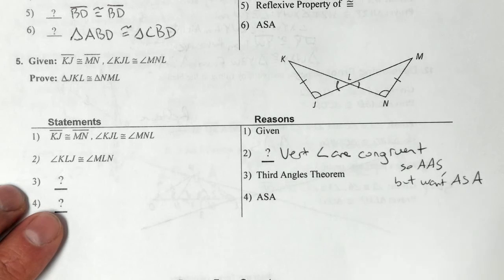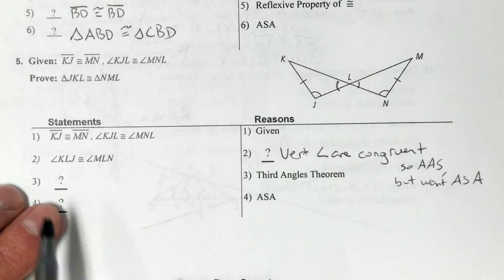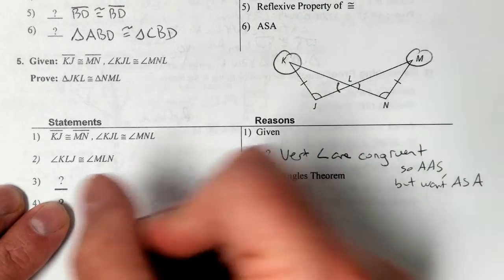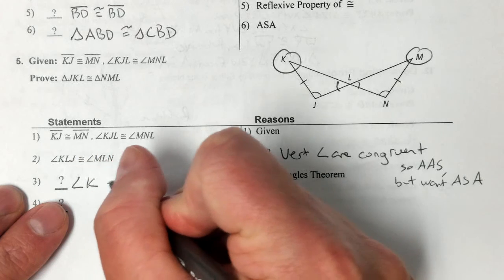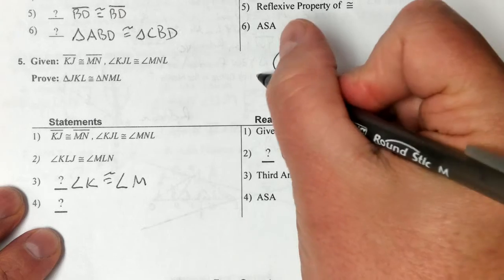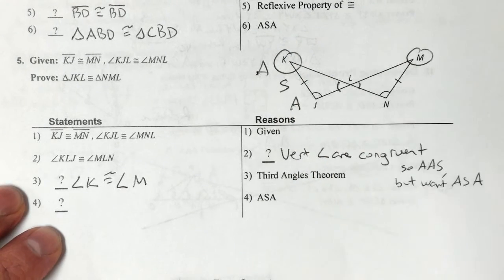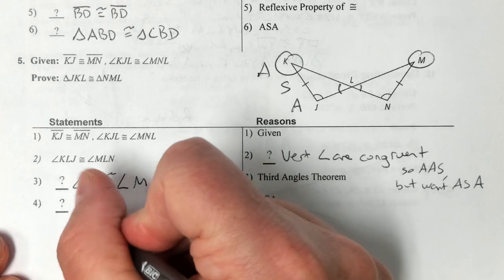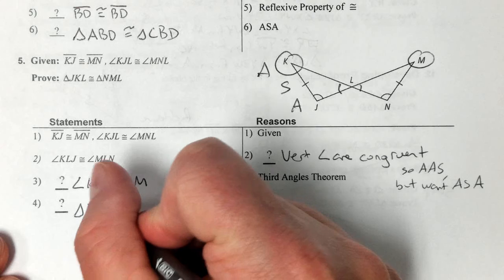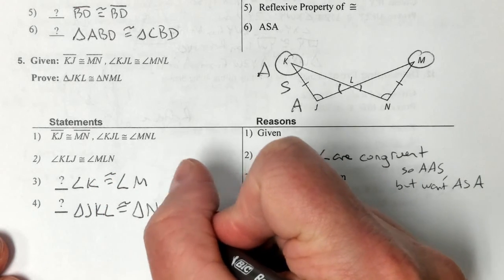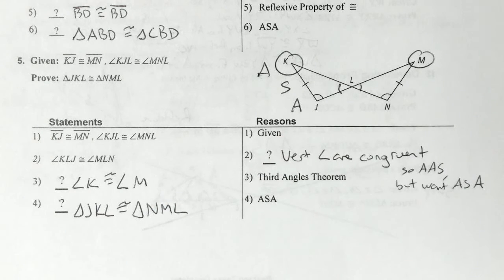So because they want ASA, then we've got an extra statement about this angle equal to this one. So angle K congruent to angle M. And so now we have what they wanted, which was ASA. So then you put triangle JKL congruent to triangle NML from ASA.